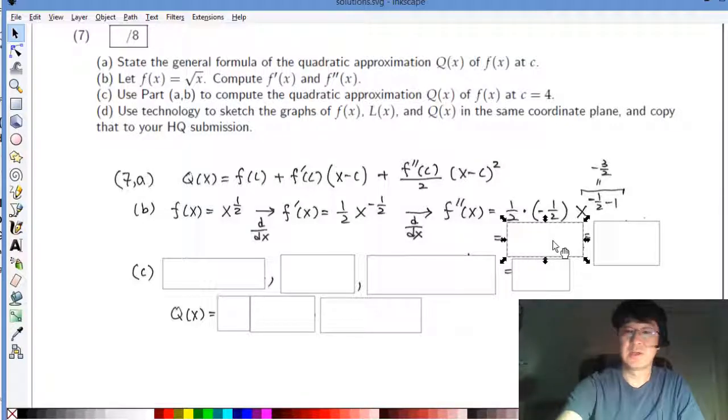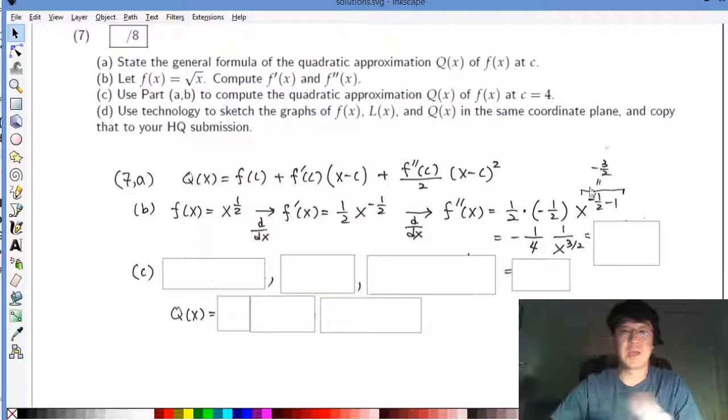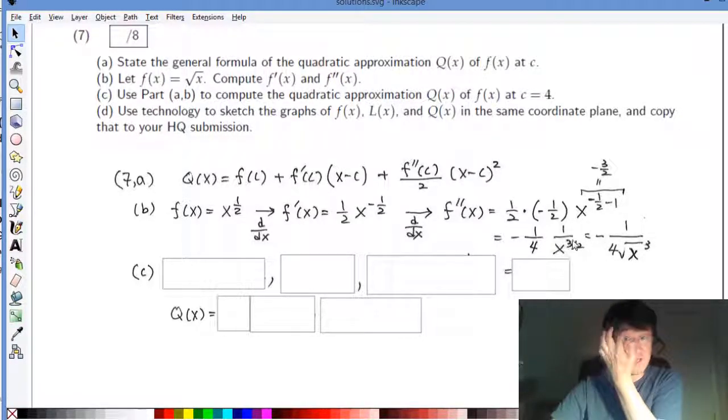And use this negative exponent becoming reciprocal. So that's the form. If you're not familiar with this part, to get to this f prime of c, you have to change that to a radical. The 2 in the denominator changes to a square root, and the 3 in the numerator is the actual power part. So we have a formula for f double prime of x as well.